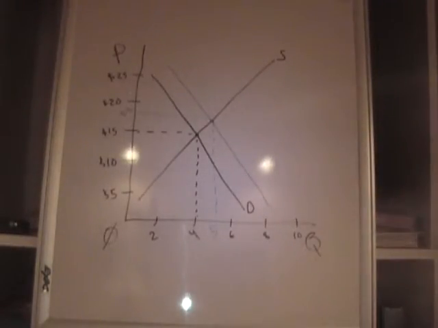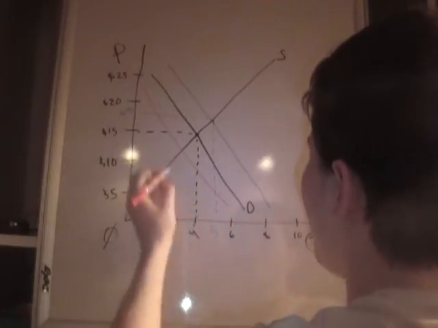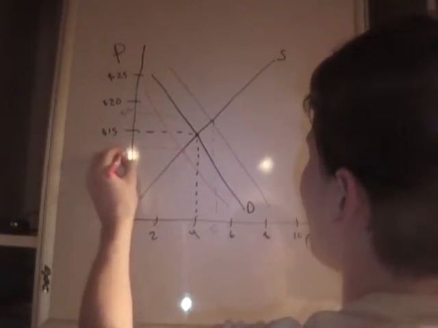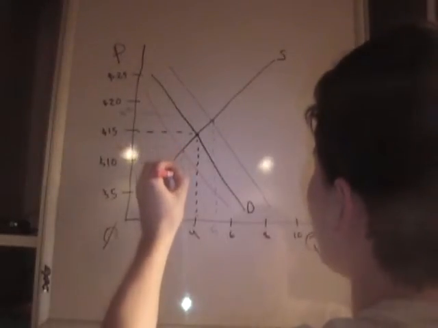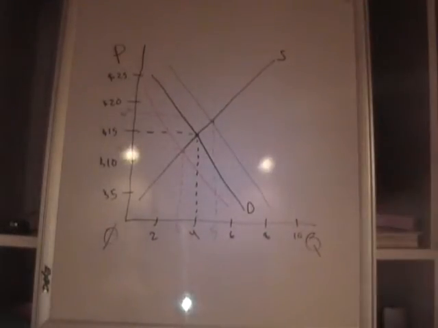If demand decreases, shifts down, the price of paperback books will go down to about 12, and the numbers do not mean anything, just for this example only, and they would produce 3. So that's what happens in shifts of demand curve. When demand increases, price increases, quantity increases. When demand decreases, price decreases, quantity decreases.